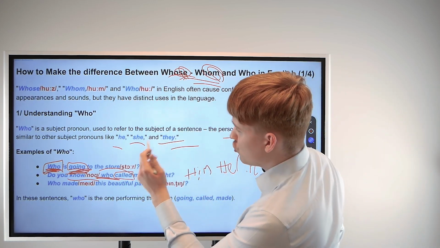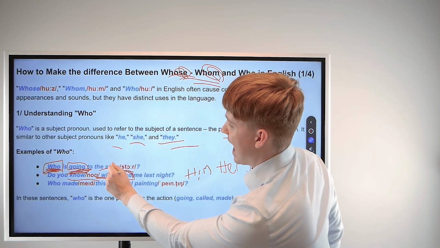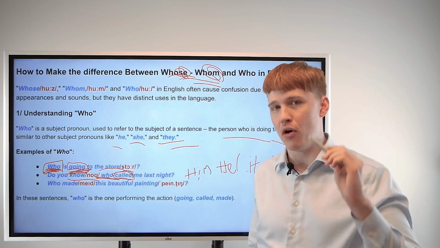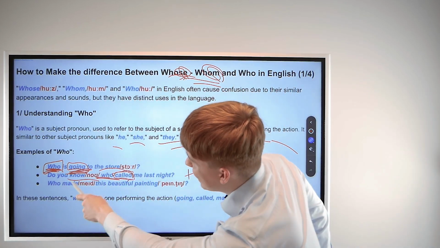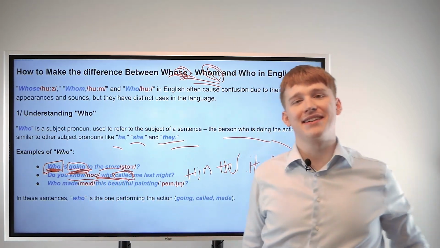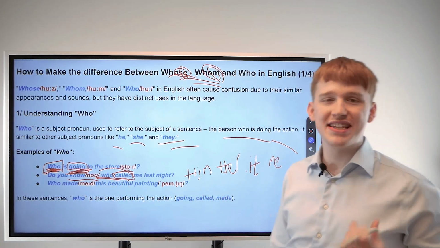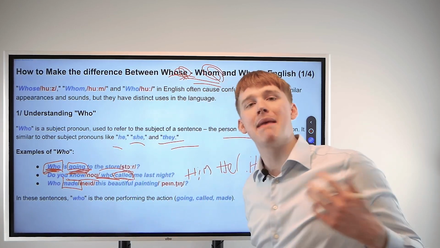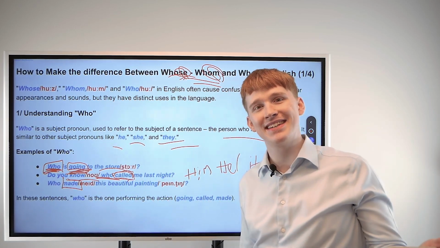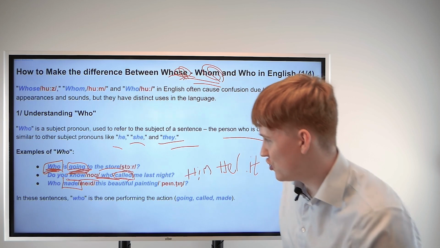So do you know who did the action of calling? Remember, who is doing an action? So who made this beautiful painting? What is the action here? Who is making? Can you say made? Made? Fabulous, good job.